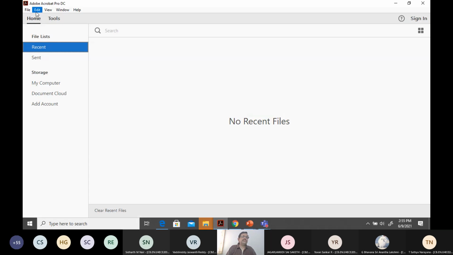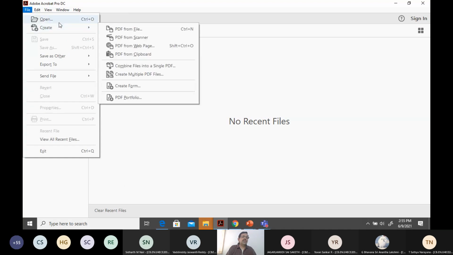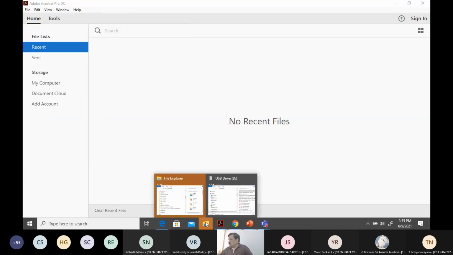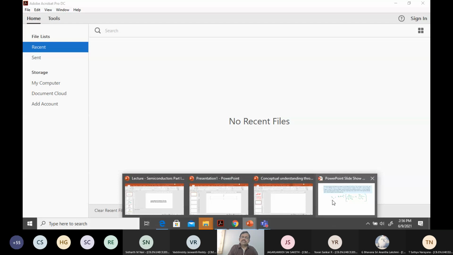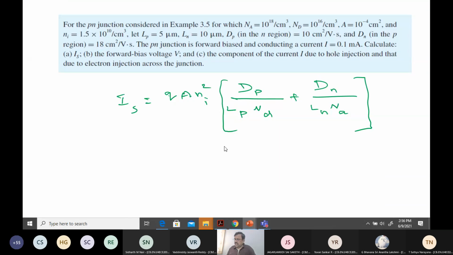So let me see it. I have done this problem before coming to the class, so make sure I don't make a mistake on the formula and end up with wrong answers. Okay, so I think that is correct. So my way of writing the formula is correct.